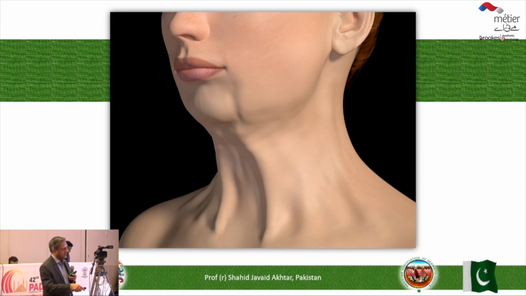The best way is to relax these muscular bands of platysma, fill the deep atrophic fat, and compensate for the regression in the mandible by injecting either onto the periosteum or in the subcutaneous area.